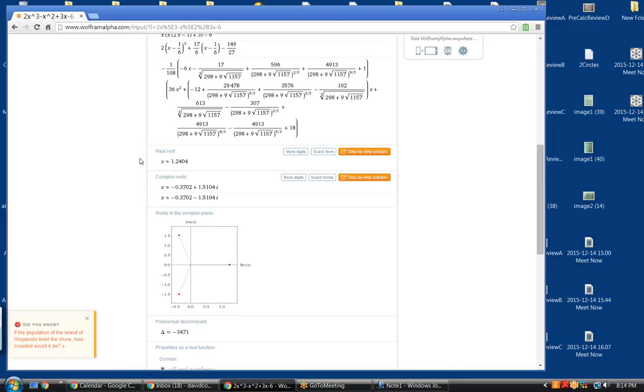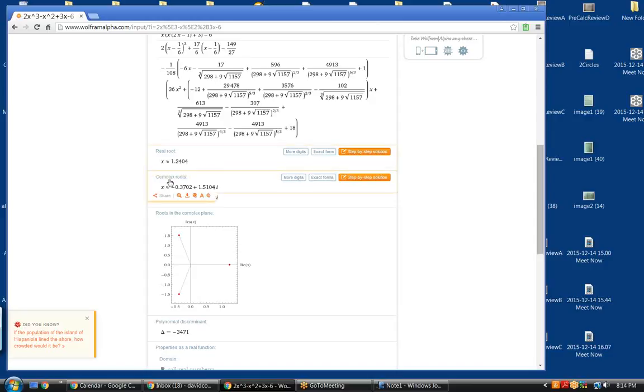Now, I guess that changes what I said earlier. I never have understood how, I always thought that irrational solutions came in pairs also. Because if you have a quadratic and you have an irrational solution, it comes in pairs, because you have a plus or minus the square root of.